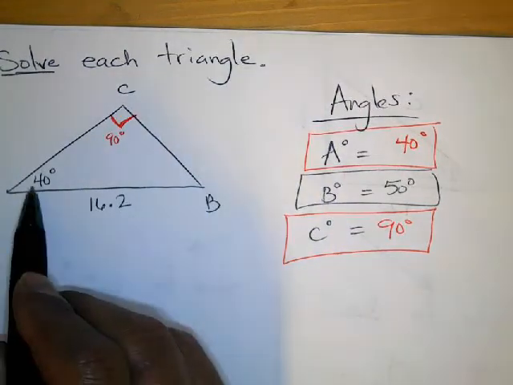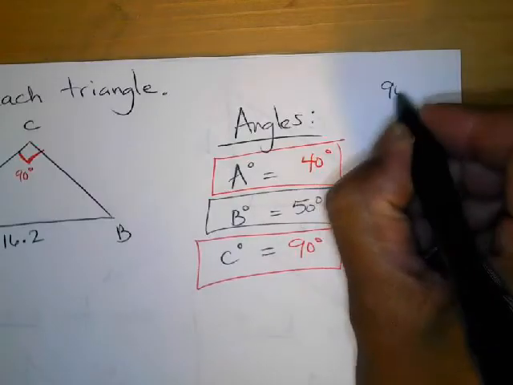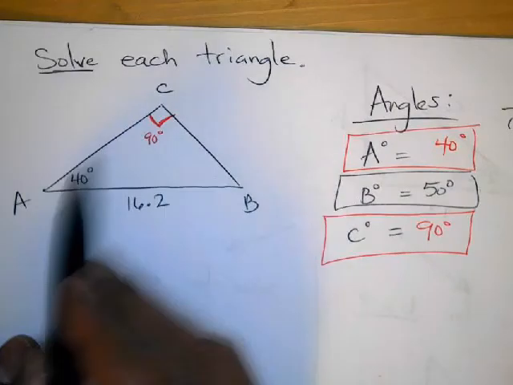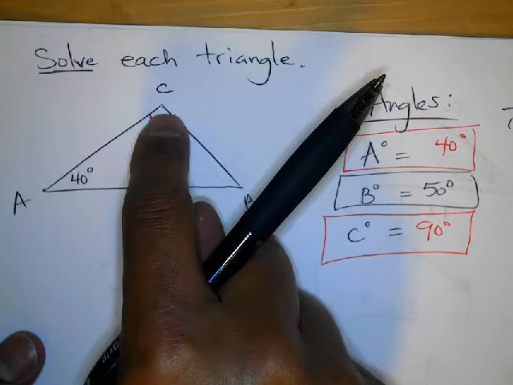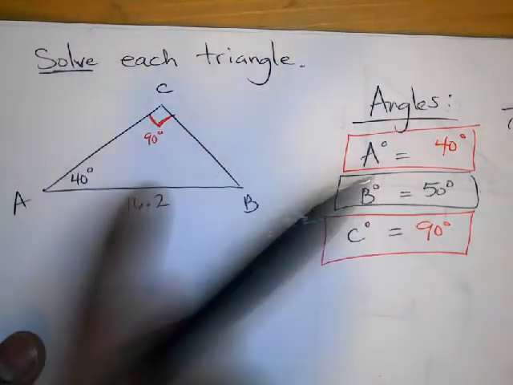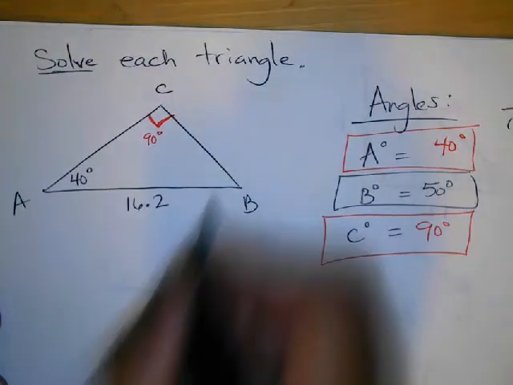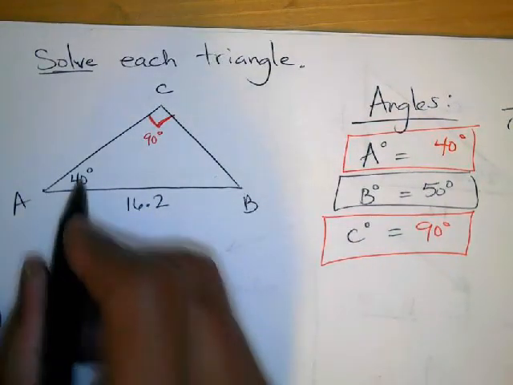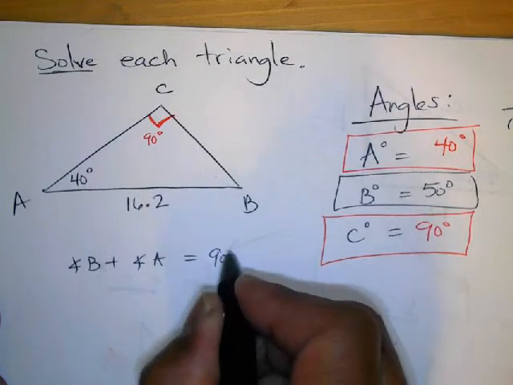This is going to be 50 degrees. 50 plus 40 is 90. And that 90 plus 90 is what? 180. Remember, these three angles have to add up to 180. But if this one's 90, then these two have to add up to 90. Okay? So if you want to write the equation, you could put angle B plus angle A has to equal 90.